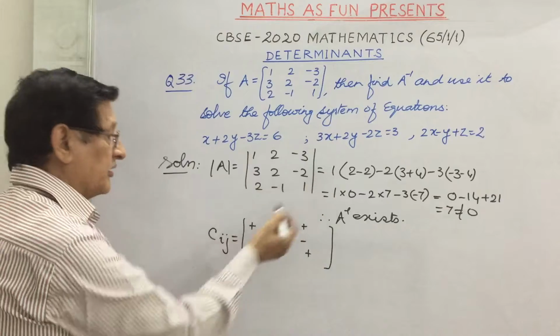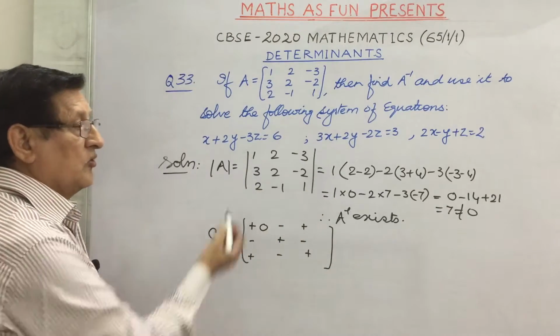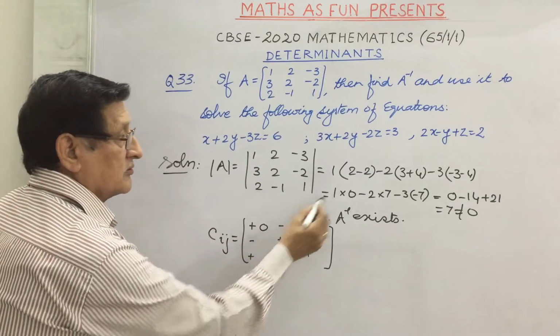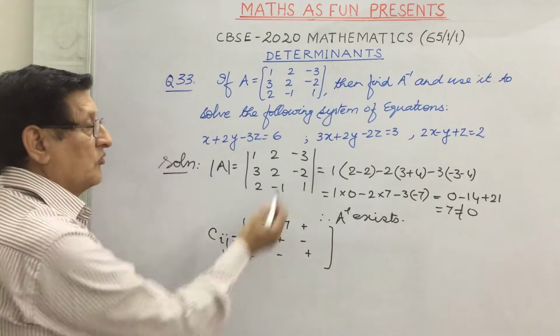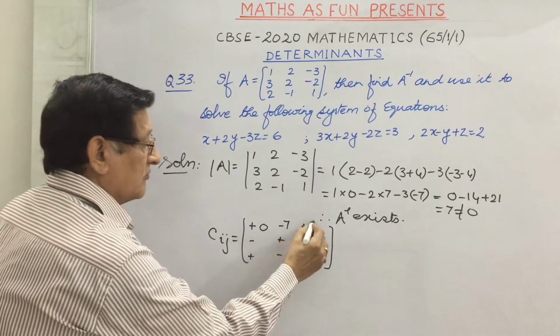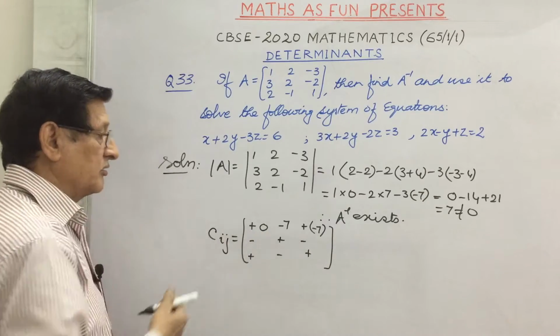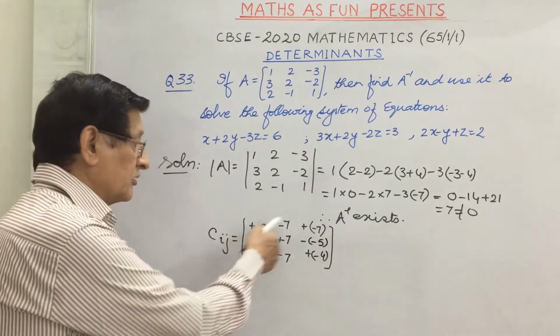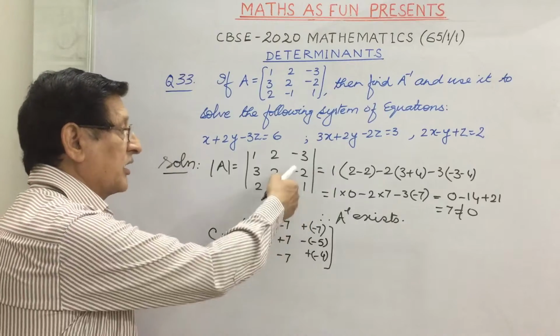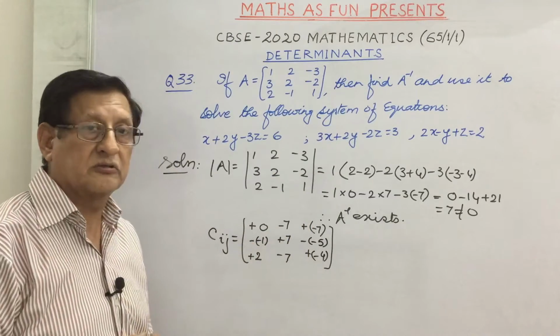Like for 1 it is 0, for 2 it is 7, for minus 3 it is minus 7, and so on. We can write all other values. So we have written the cofactors of all these 9 elements to get the cofactor matrix.